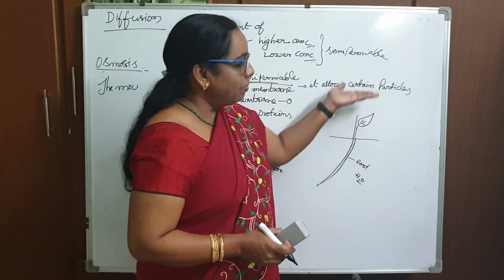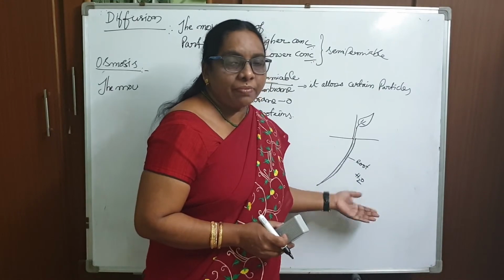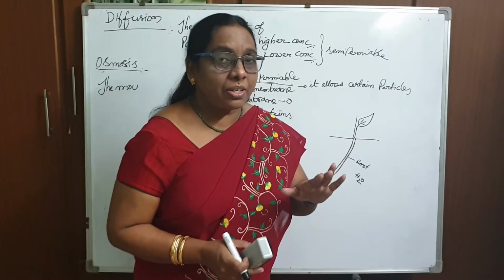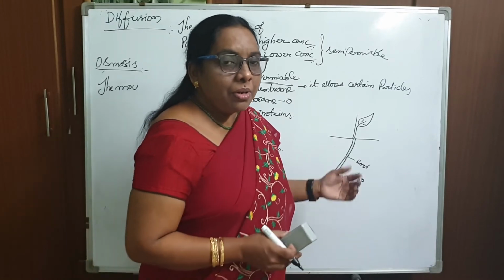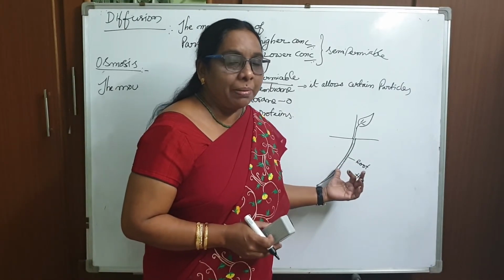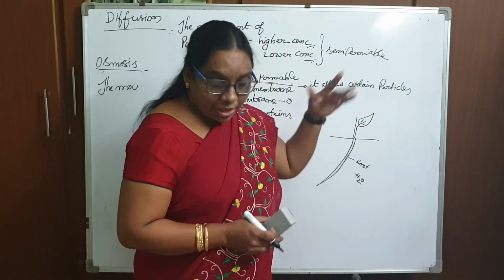The water will go above. This is osmosis, from the lower region with the help of adhesive and cohesive forces. So the water particles will move, pass through the semi-permeable membrane, that is the root membrane, and then go inside. Okay, we have one more example.